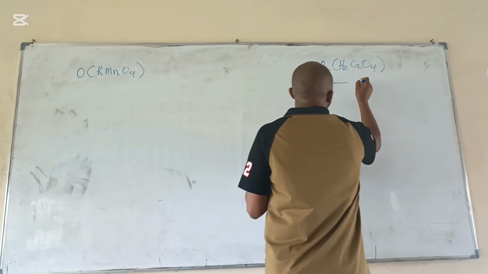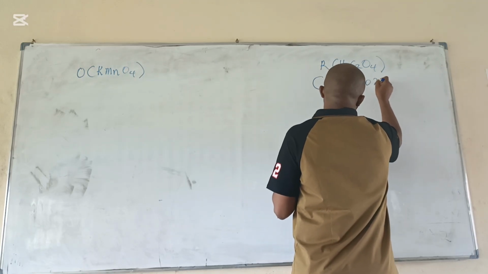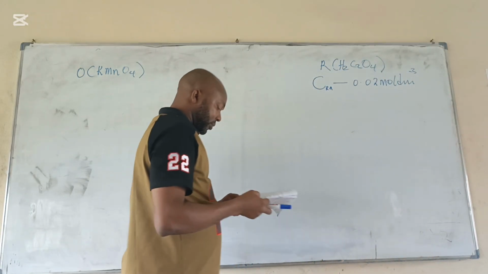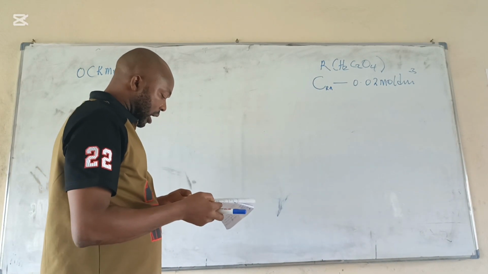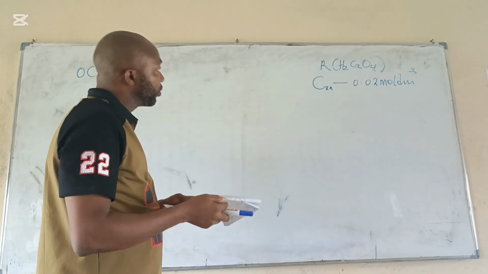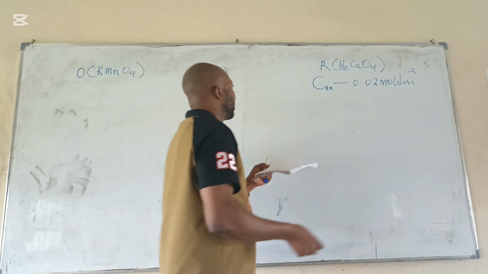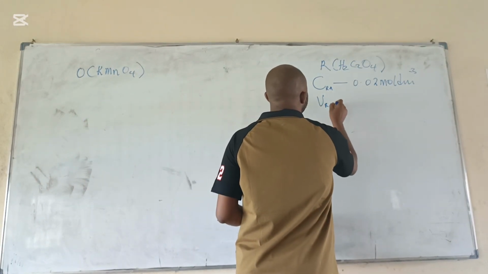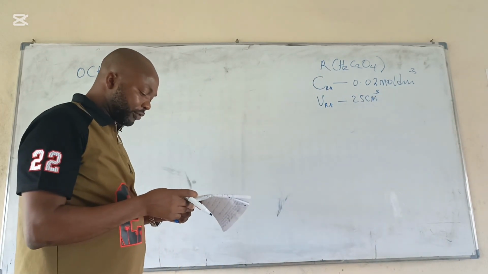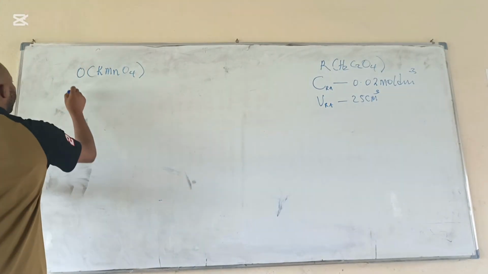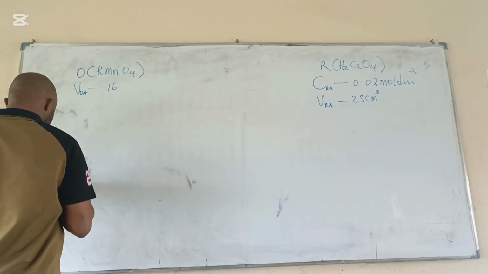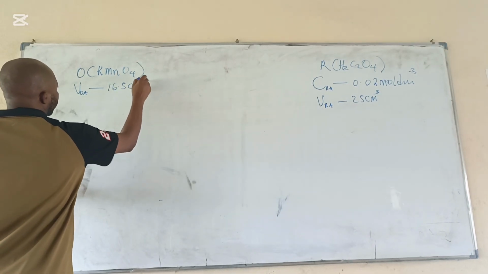We call it 0.02 mole per dm³. And if 25 of B, which is the reducing agent, the volume of reducing agent is 25 cm³. Give 16.5 of A, volume of oxidizing agent is 16.5 cm³.